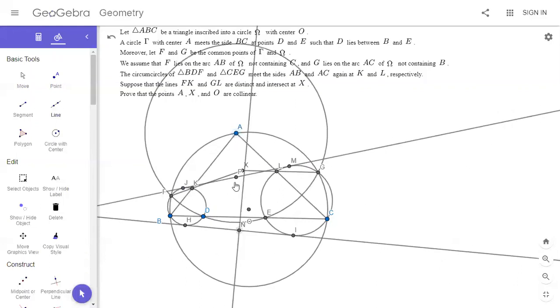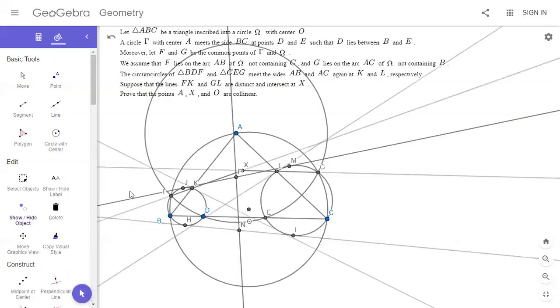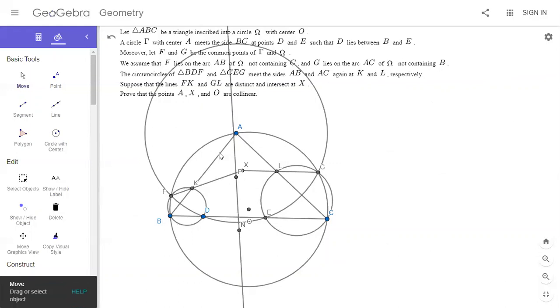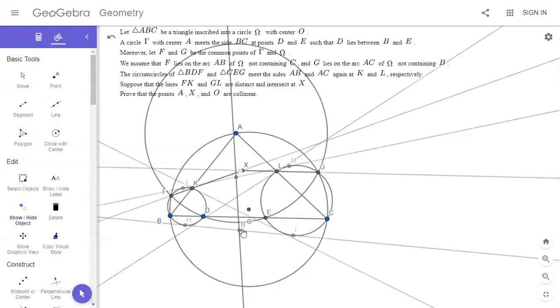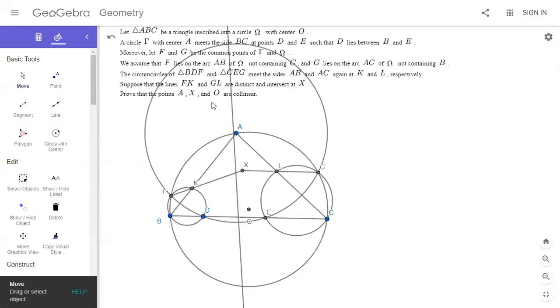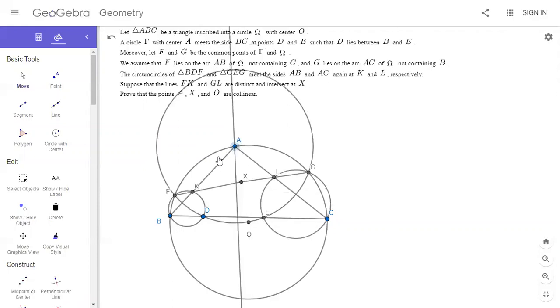So this line NP, I'm just going to hide a bunch of stuff, but that line NP is the radical axis. So maybe that'll tell us something. In fact, I'll even hide NP. So that line is the radical axis.